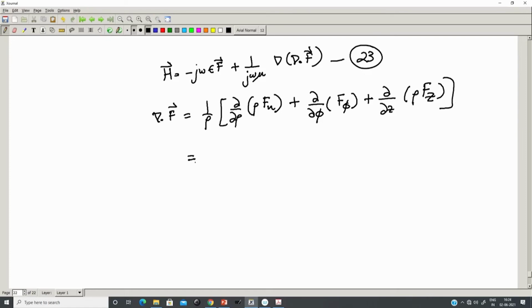And because F has only a z component, this boils down to del psi del z.